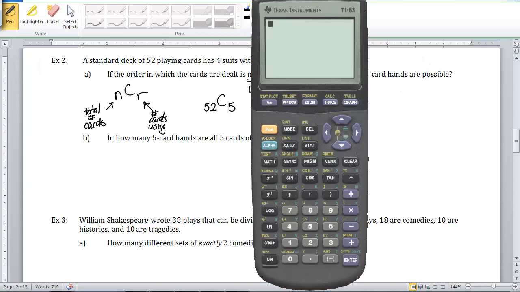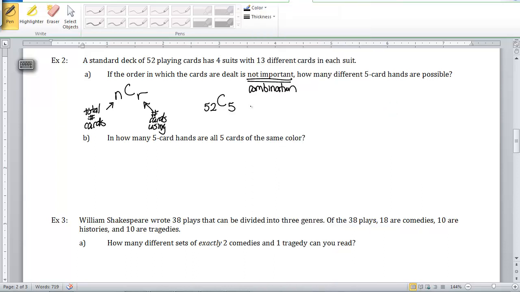And so on my calculator, 52, math, probability, nCr, 5 gives us 2,598,960.